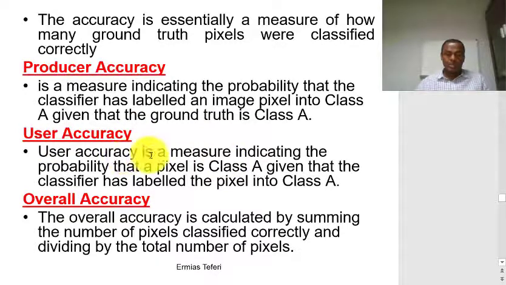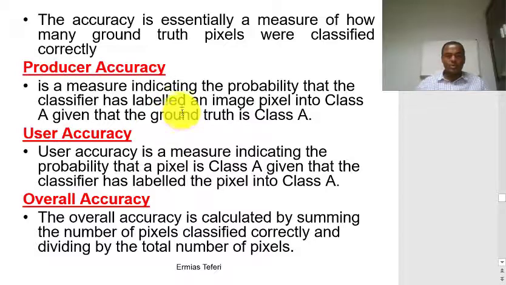Users compare the correctly classified pixels with the total number of pixels from the classification results, while producers compare the correctly classified pixels with the total number of pixels that you collected or counted from ground truth.